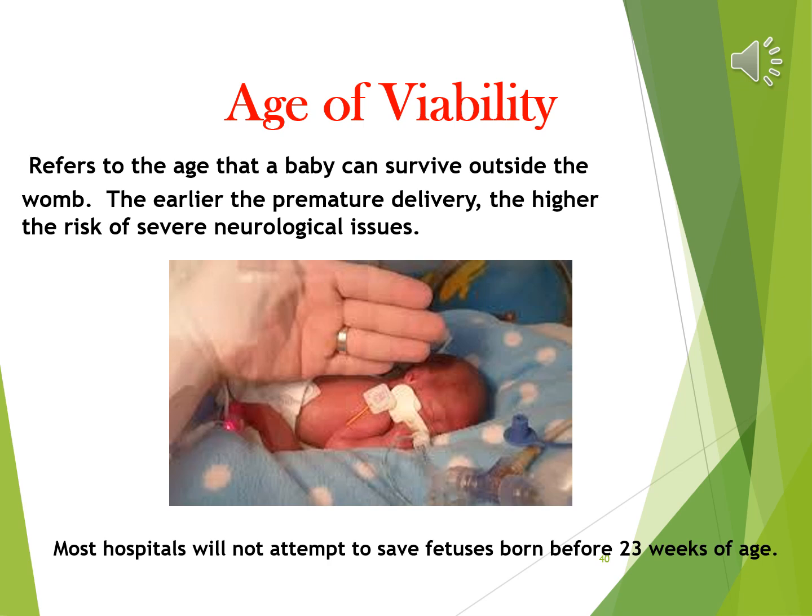At week 24, 70% survive, and very few with cerebral palsy or other conditions. So dramatic difference based on age. Many, if not most, hospitals will not attempt to save a fetus before week 23 because of the devastating outcome if the premature baby did live.